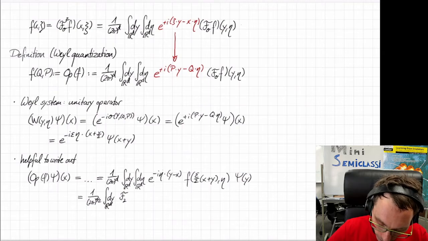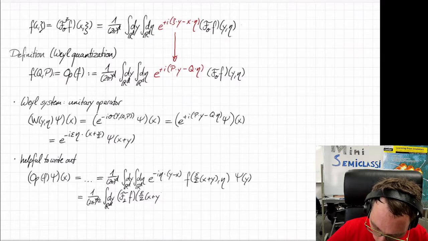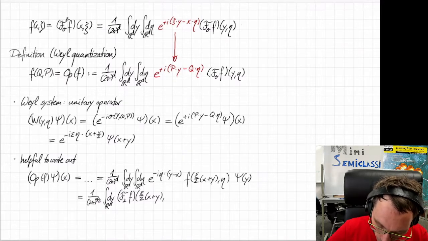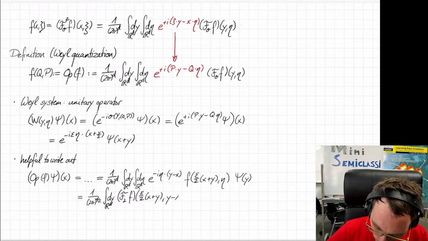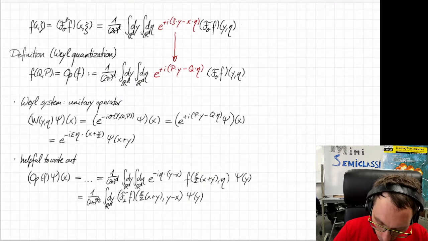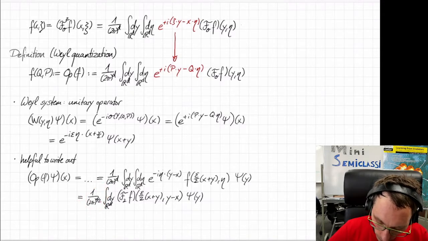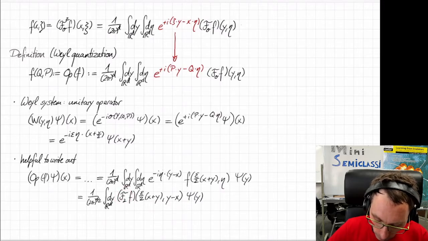So let me denote this with f2. I don't think I will reuse it, but nevertheless. And it is evaluated at y minus x. And then you have to multiply psi of y. And of course, we borrowed a factor of 1 over 2 pi to the power d minus 2, d divided by 2, which is now implicit in the Fourier transform.